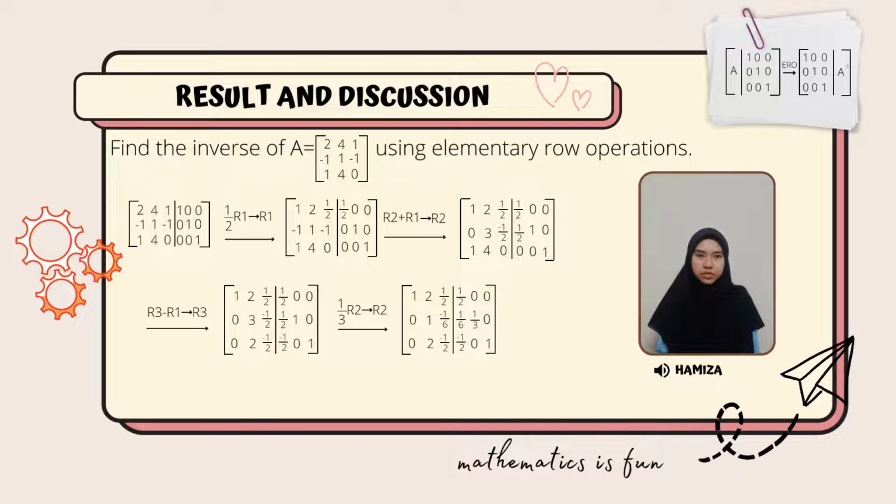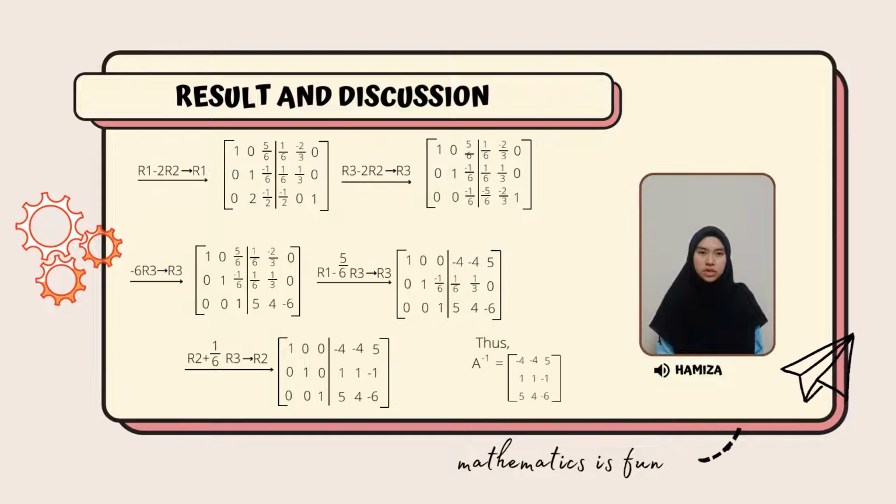Now use elementary row operations to find the inverse of the 3 by 3 matrix A. By using arrow, our left hand side will be the identity matrix and the right hand side is the inverse matrix. First, we multiply row 1 by 1 over 2. Next, we add row 2 with row 1 and row 3 minus row 1. After that, we multiply row 2 by 1 over 3 and row 1 minus 2 row 2.